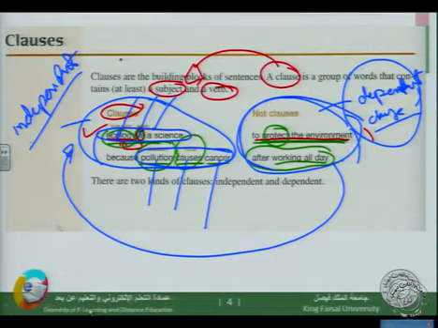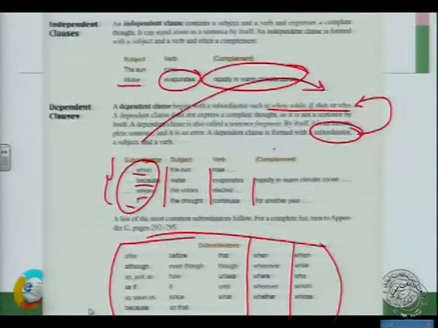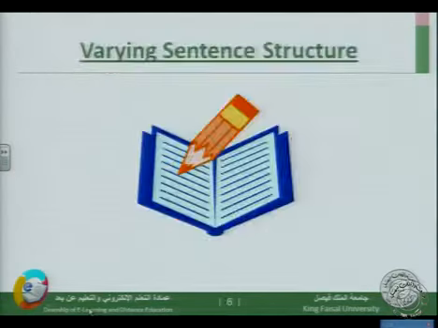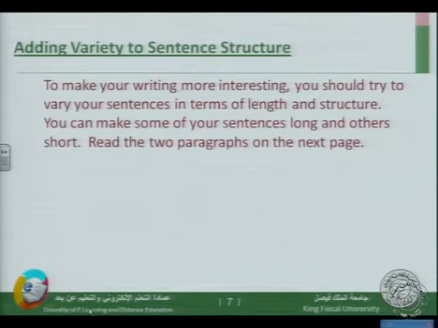This sentence consists of two clauses. One clause right here and the second clause right here. Did you understand the mechanism now? We have a clause and then we have a sentence. And a sentence may have more than two clauses.